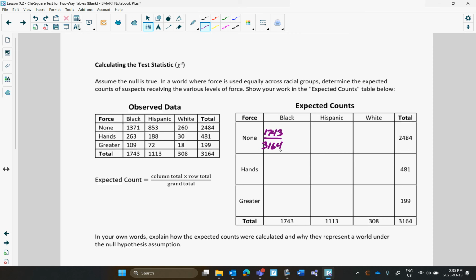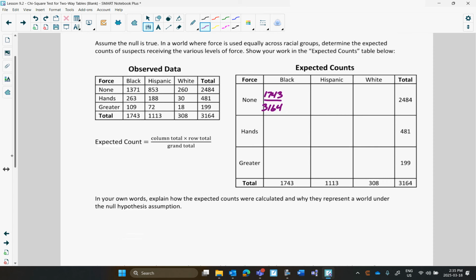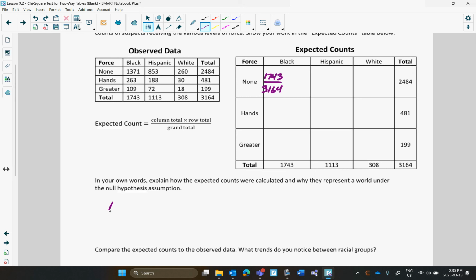That gives me about 55.1%. So we would expect that, in the total number of no force, 55% would be Black people.